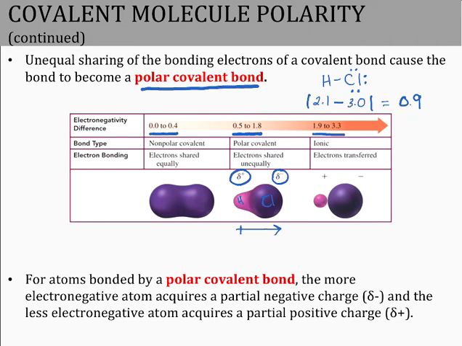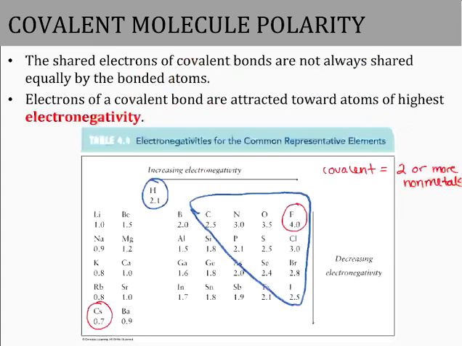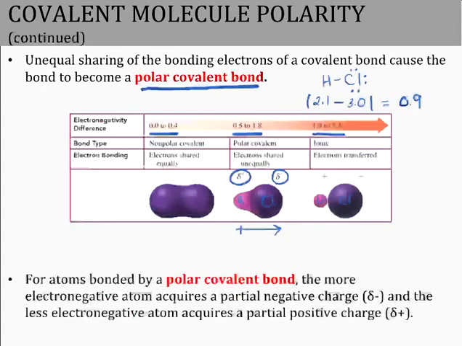But also, let's say we have, for instance, lithium and chlorine. And let's go back to our electronegativity values. So lithium has a value of 1, and chlorine again has a value of 3. So if we take the difference between 3 and 1, we get a value of 2.